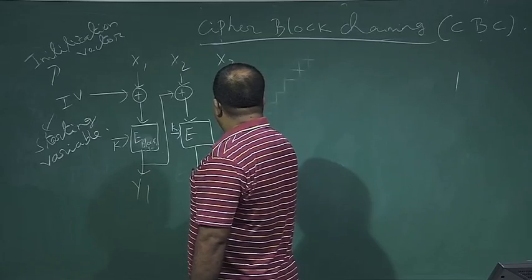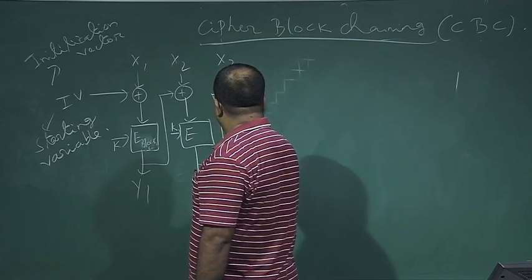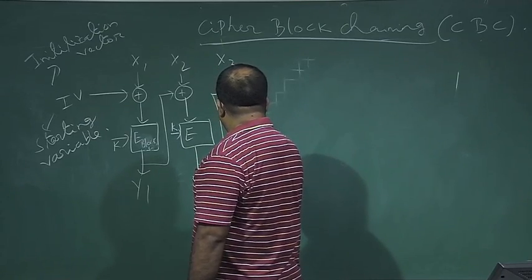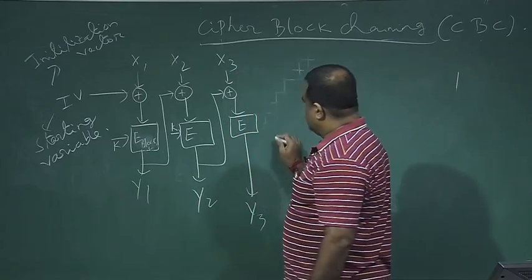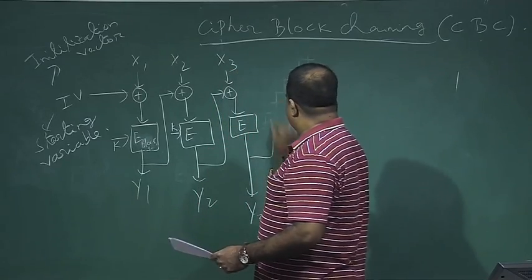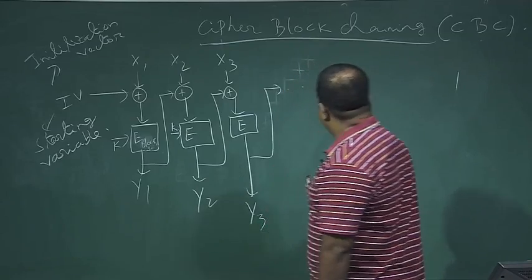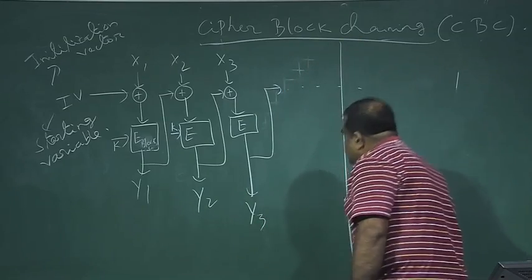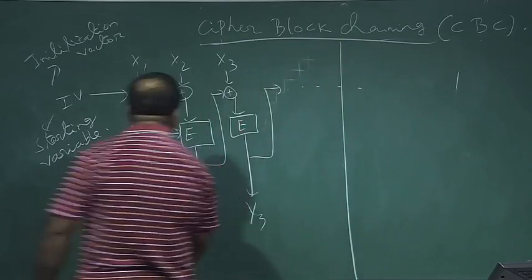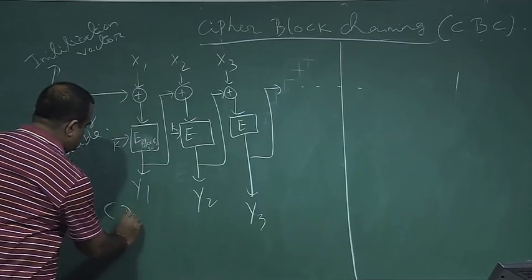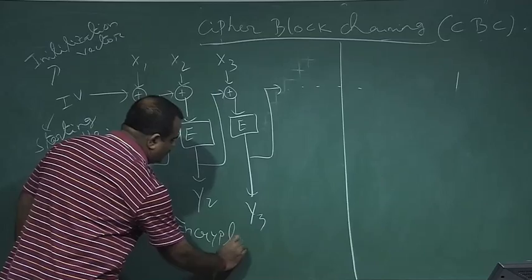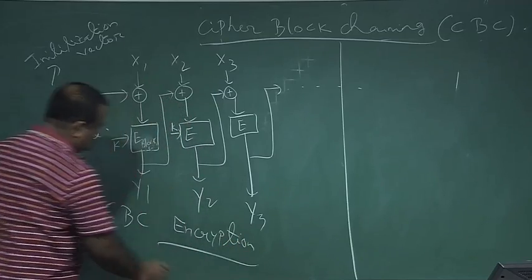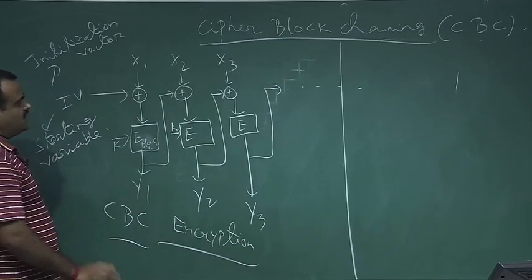Again this Y2 we will put it here and we encrypt this and get Y3. So, this way, dot dot dot. So, this is the CBC encryption. This is Alice is doing, and Alice is generating this Y1, Y2 and sending it to Bob.